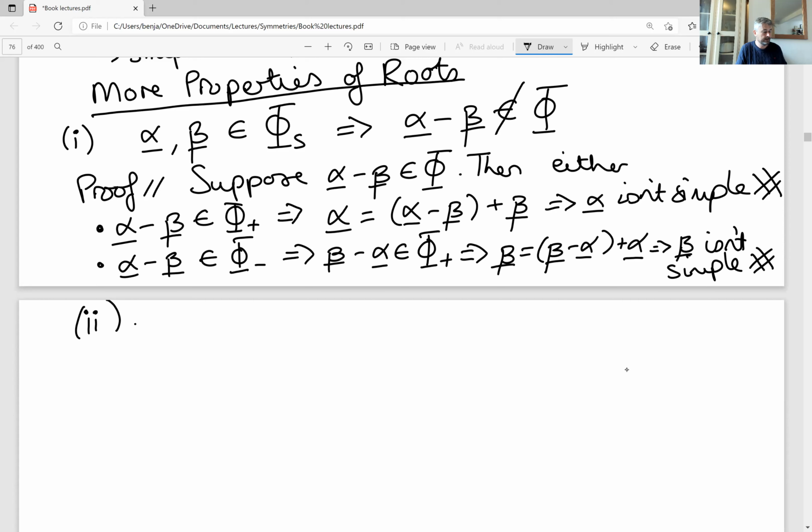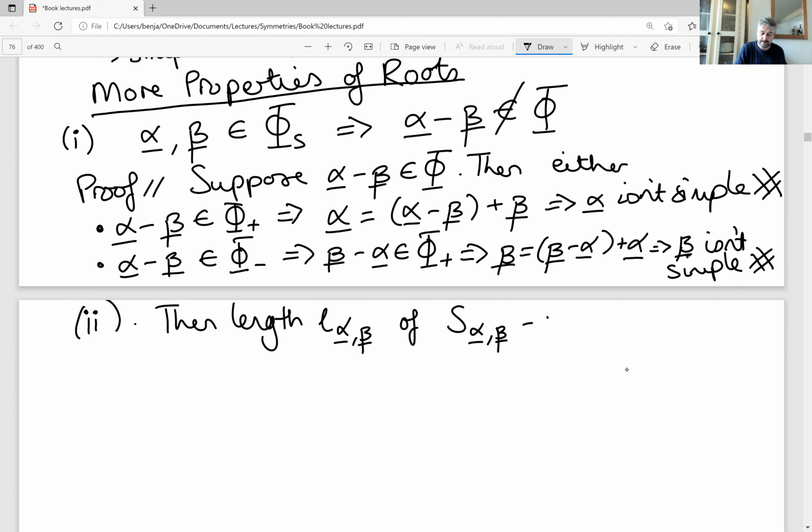Secondly, we're going to define something called the length of a string. So let's take the length, written L with suffix alpha comma beta, of the alpha string through beta, which was this set of vectors S alpha comma beta.